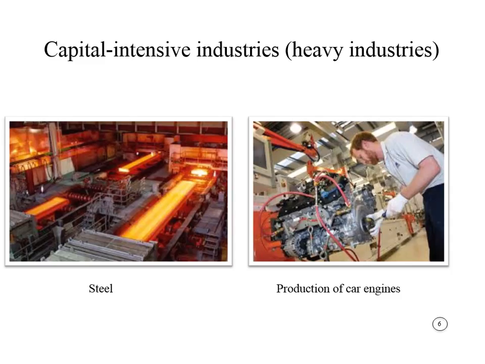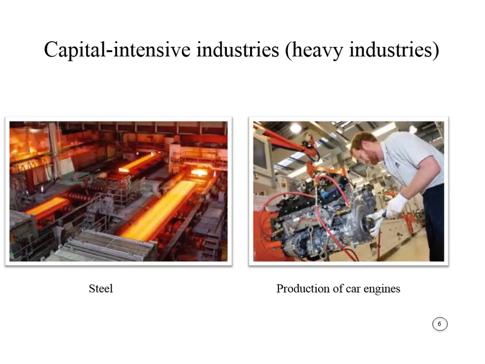Production of steel needs a lot of machinery, but also skilled workers. Okay, engineers, high-skilled managers. The other example is production of car engines. This requires sophisticated technology and machinery and skillful labor. We call these capital-intensive industries.